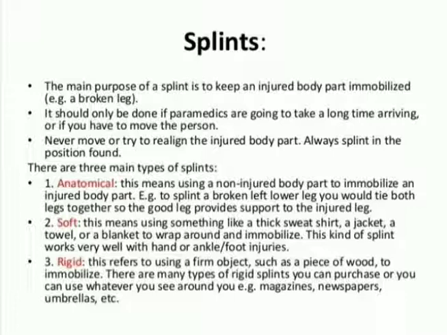Anatomical means using a non-injured body part to immobilize an injured body part. For example, to splint a broken left lower leg, you would tie both legs together so the good leg provides support to the injured leg.